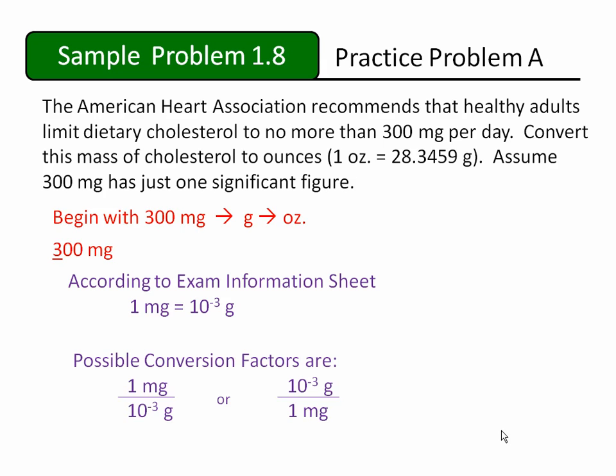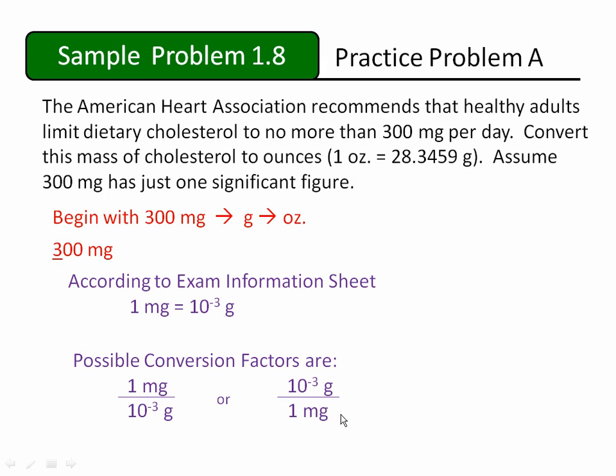From this equality, we could potentially write two conversion factors or fractions. One would show 1 milligram as the numerator and 10 to the negative third grams as the denominator. The second conversion factor would show 10 to the negative third grams as the numerator and 1 milligram as the denominator.